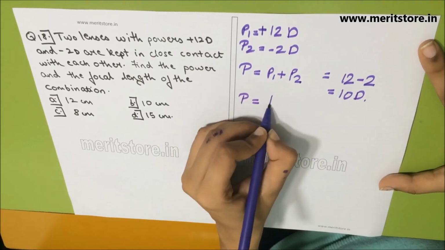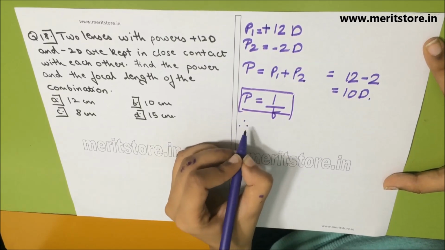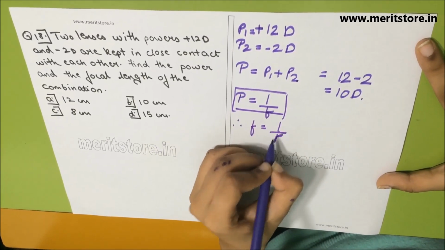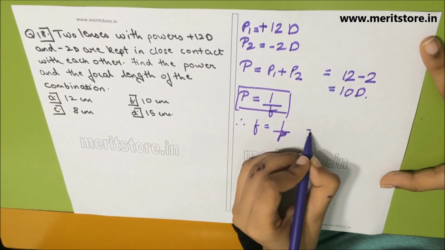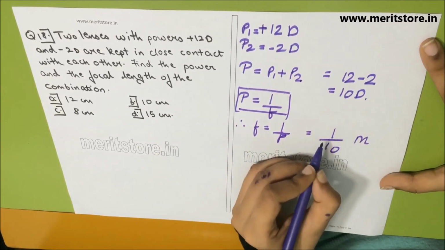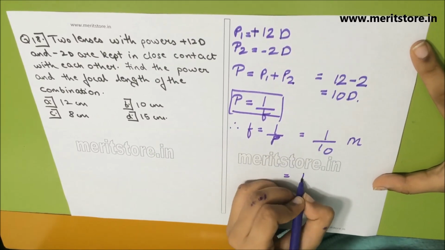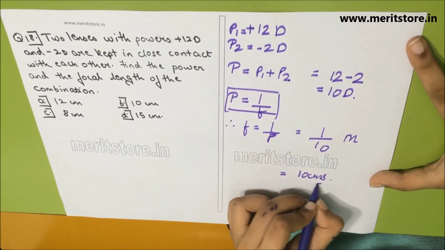Now P is equal to 1 by F. This is the formula. Therefore, F will be 1 by P, which is equal to 1 by 10. But this is in meters, 1 by 10 meter boils down to 10 centimeters.